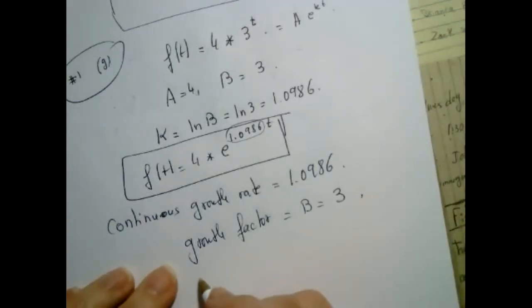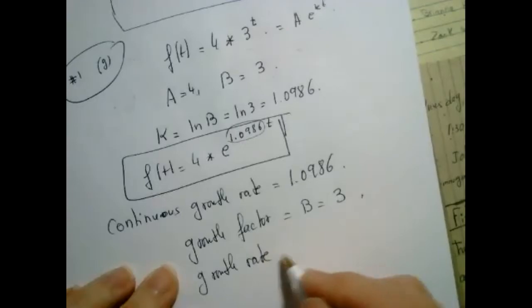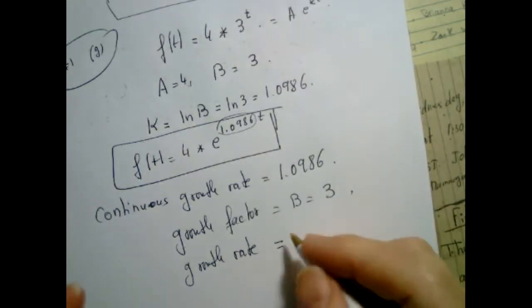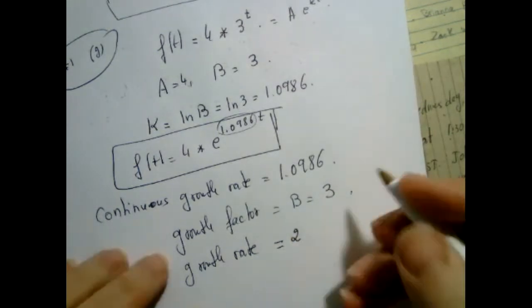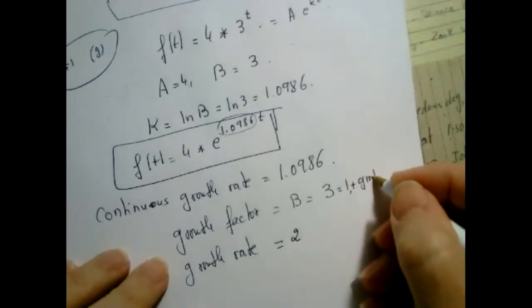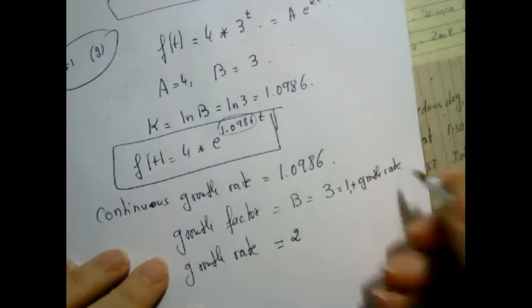And this is probably what's confusing you in this problem. Okay, who can tell what the growth rate is? Exactly, the growth rate is equal to 2 because the growth factor is 1 plus the growth rate. It means it's 2.